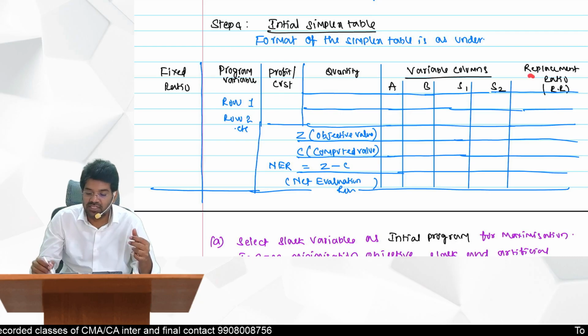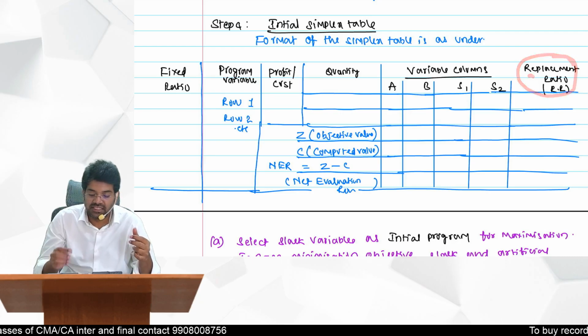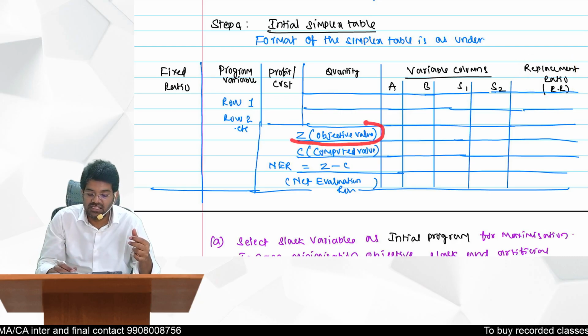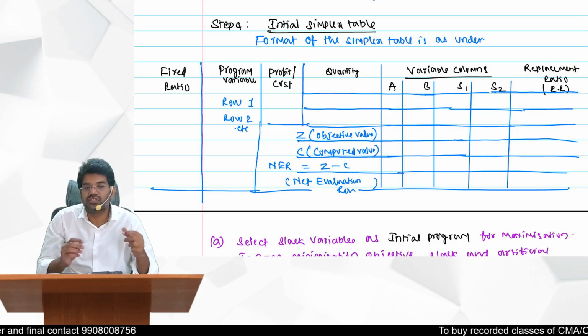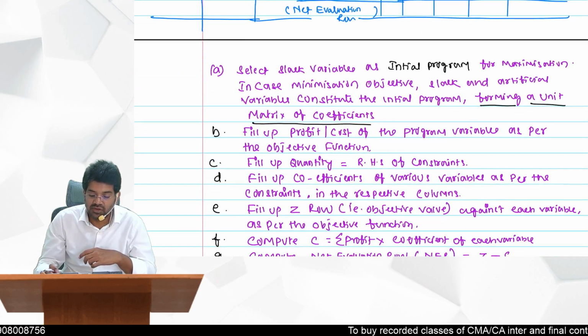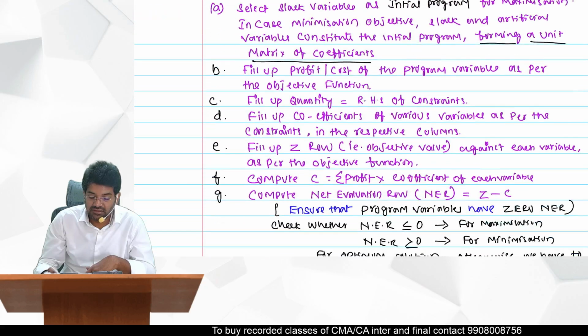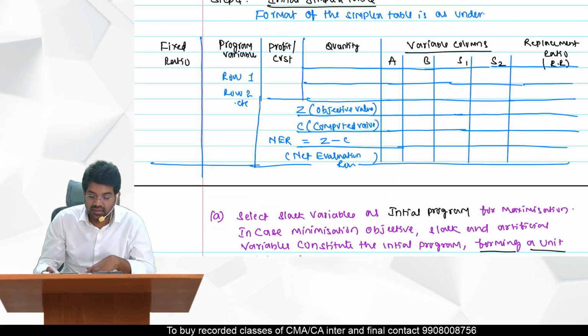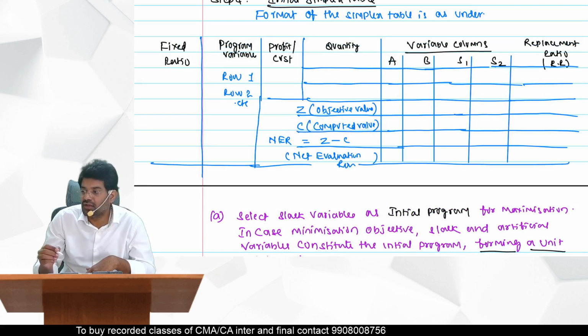So what is the replacement ratio? I will tell you. Next one, Z represents the coefficients of the objective function. C represents a computed value or profit or cost per unit.